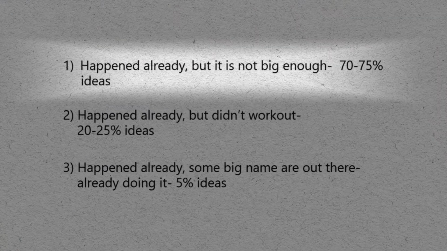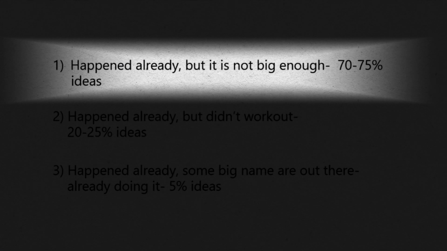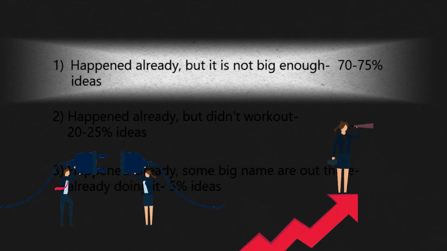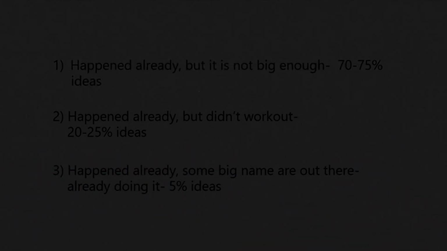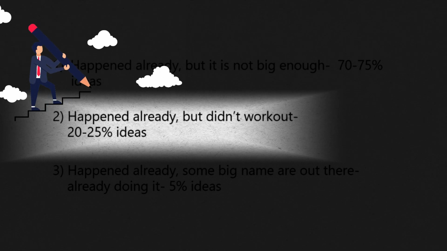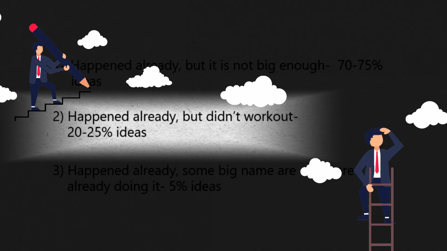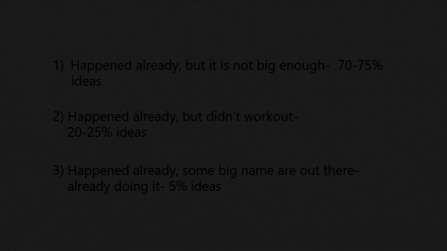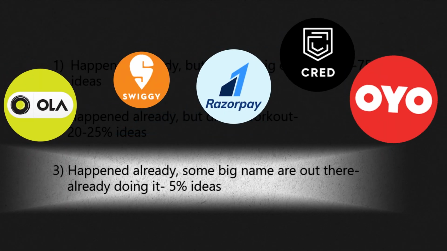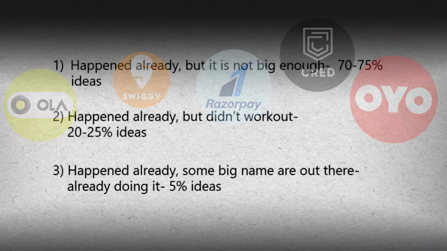Research shows that 70 to 75% of the ideas you have generated or shortlisted have already been implemented, but they might not have reached significant success. For another 20 to 25% of your ideas, someone else might have already given them a shot, but they didn't work out as planned. And finally, 5% of your ideas have been done before, and some big players are already out there executing them.